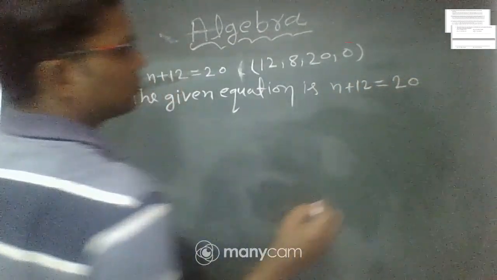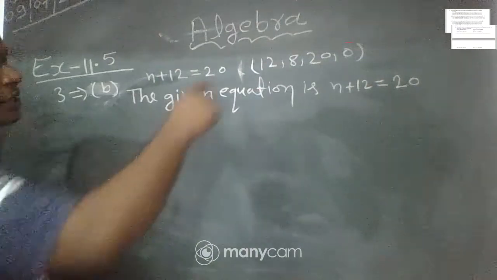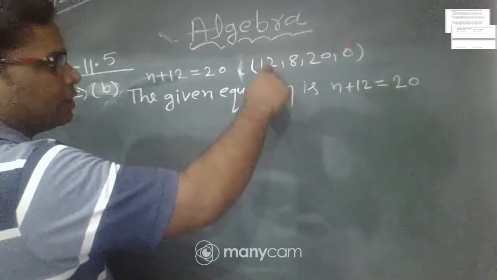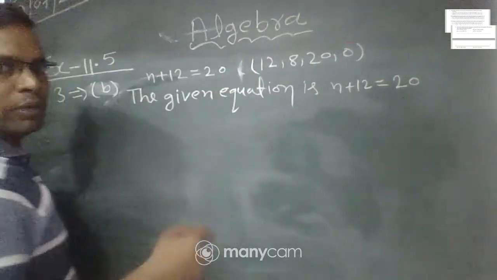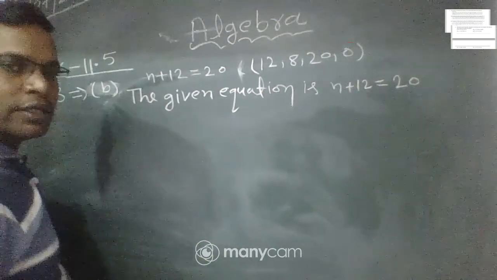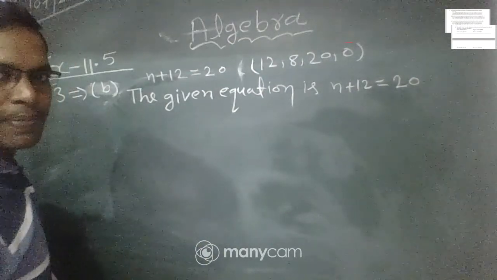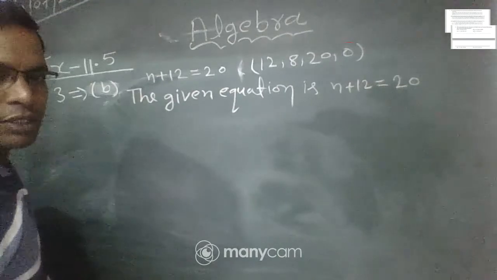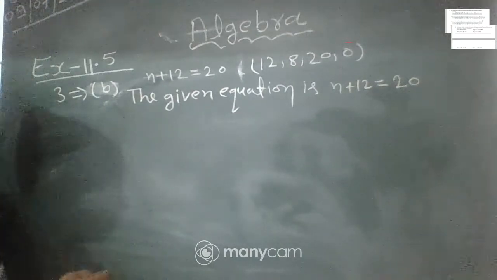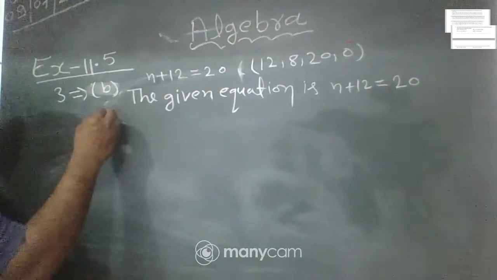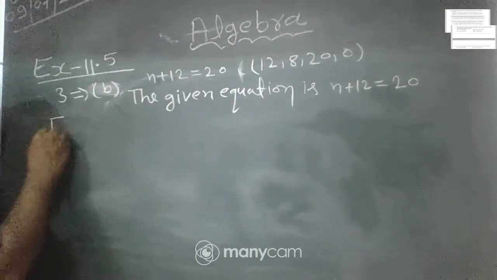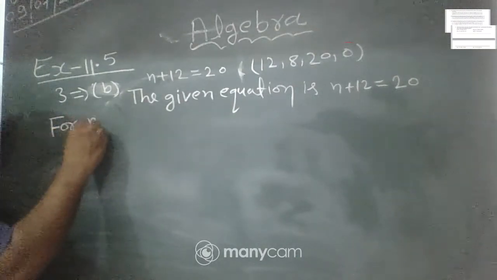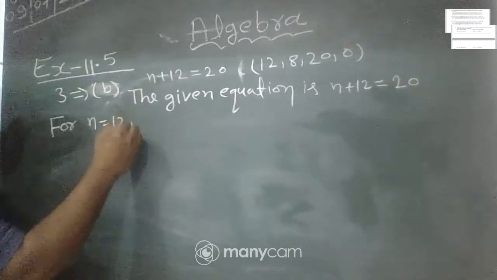Okay, so one by one we take the values of n, 12, 8, 20 and 0, and try to find the solution of the given equation. So let's see, for n is equal to 12.